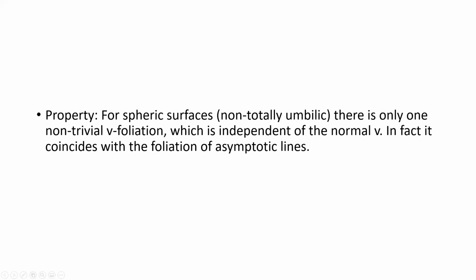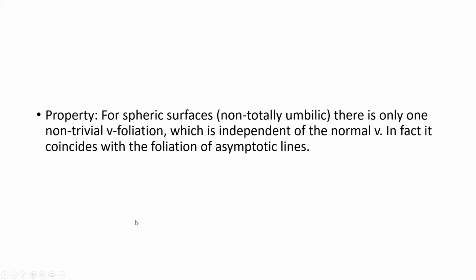So when we work with asymptotic lines, with surfaces in S3, spheric in R4, we are working with foliations that do not depend on the normal. So in fact, having only one foliation is the same as working with asymptotic lines.